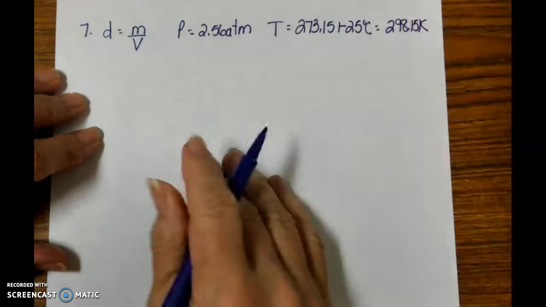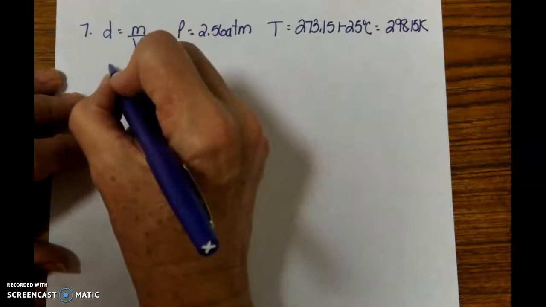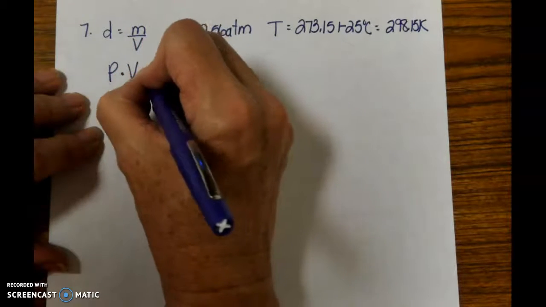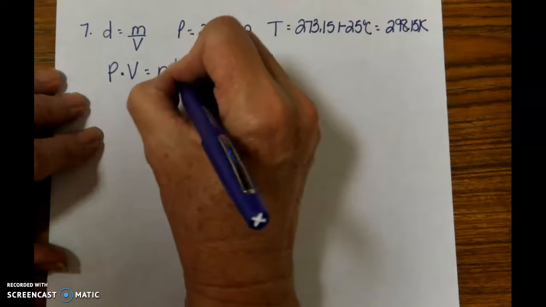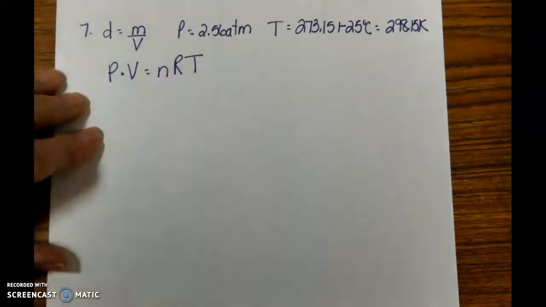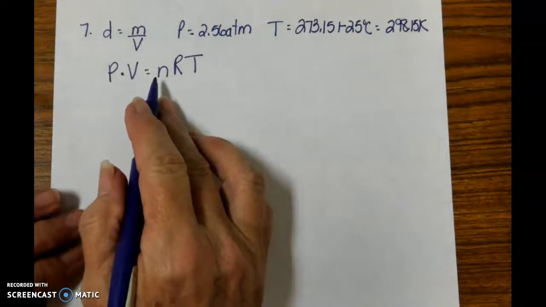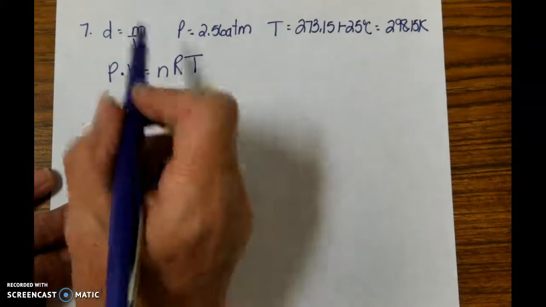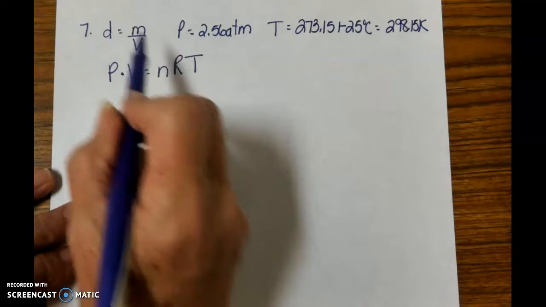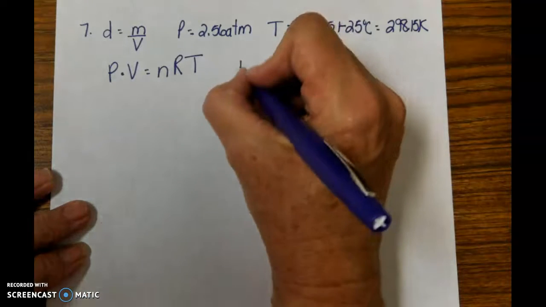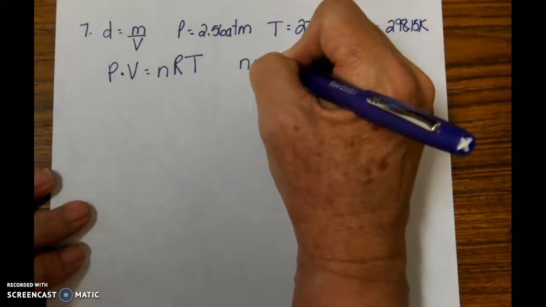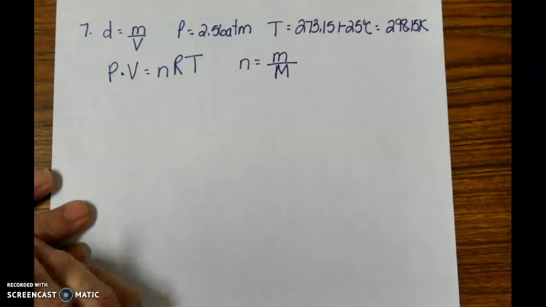Now, let's look at our ideal gas equation. PV is equal to nRT. Now, how can I get this equation to express mass? Well, we know that moles is equal to mass divided by the molar mass of my compound.